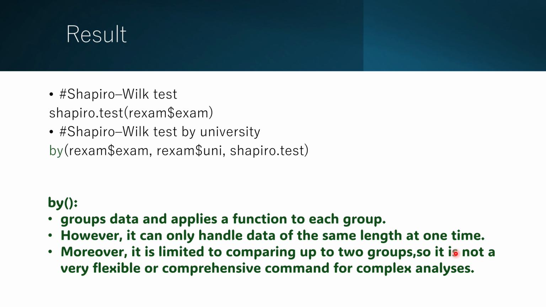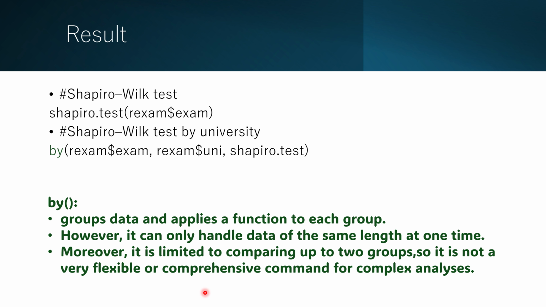The command by(rexam$exam, rexam$uni, shapiro.test) runs a separate normality test for each university. This is useful when we want to know if the data from each group meets the normality assumption independently.